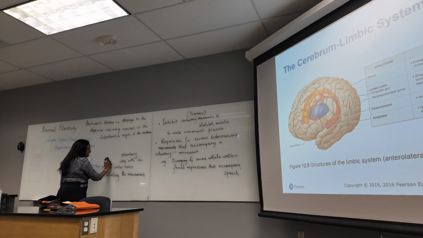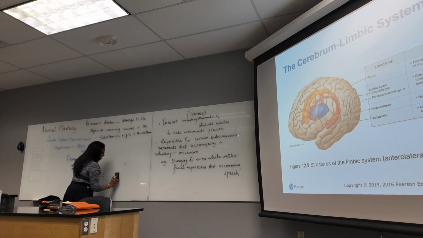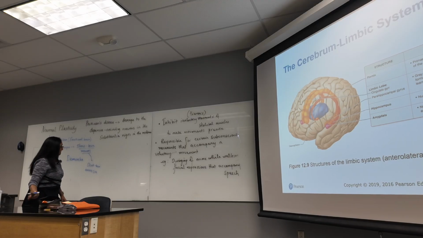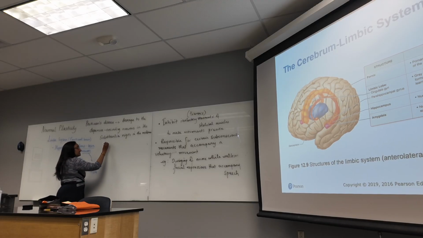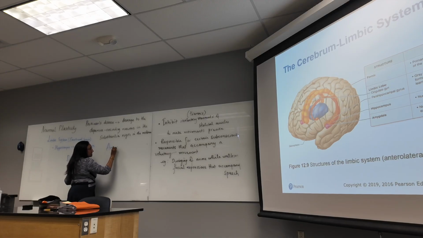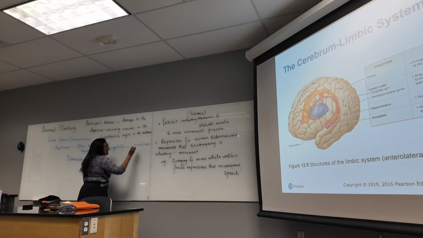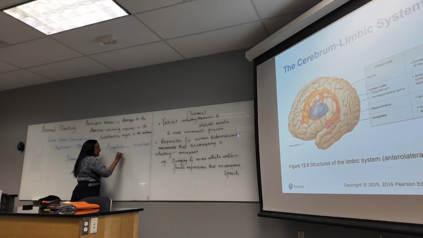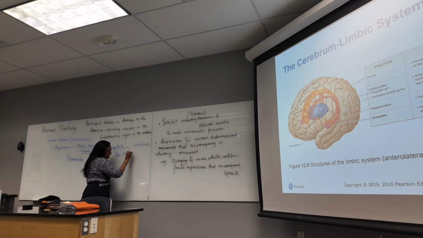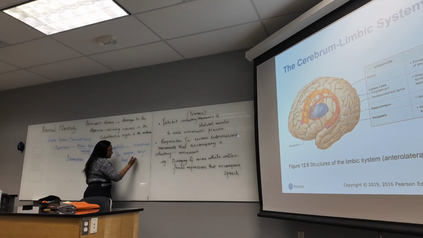Those are the neurons that are there in the amygdala. The amygdala is responsible for emotions like anger, rage, fear, and sexual emotions.